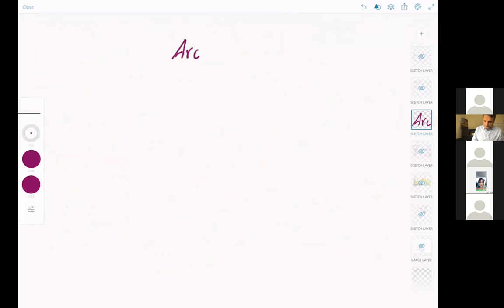Area. What is the area of this triangle?